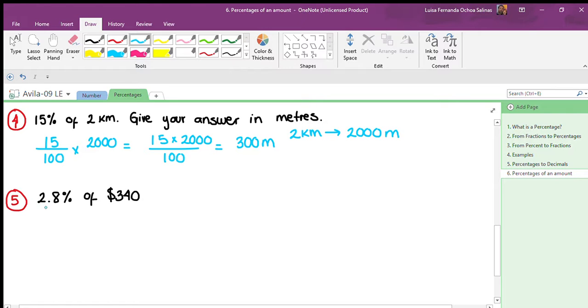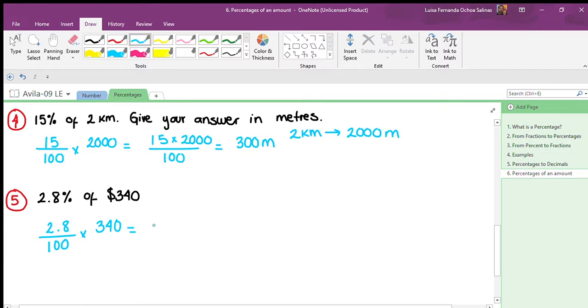Okay, let's go here to the next example. 2.8%. I wanted to do one like this because very often when students see these type of percentages, they freak out. But as I said, we have done this in a lot of the exercises that you have done so far, and we don't have to freak out. We know how to do this. So 2.8% is the same thing. It's 2.8 out of 100 times 340.